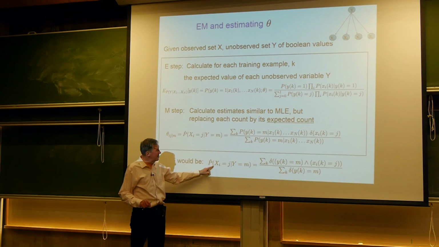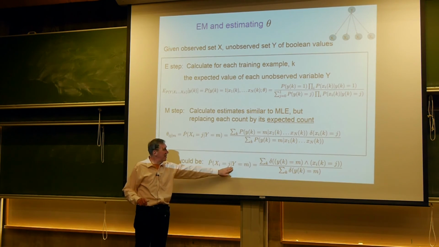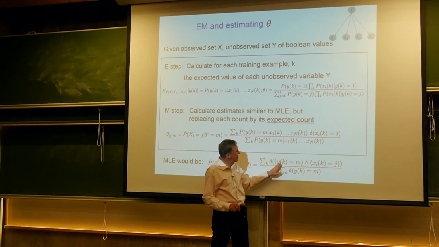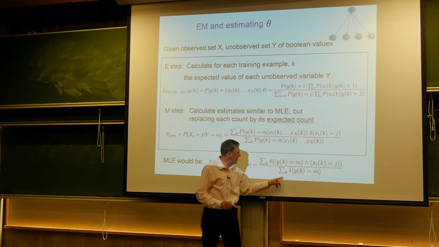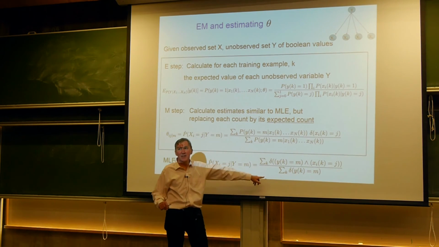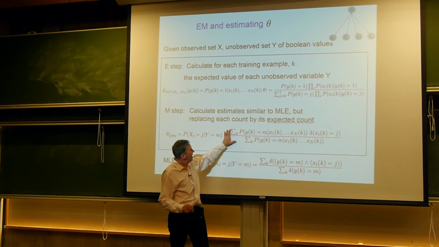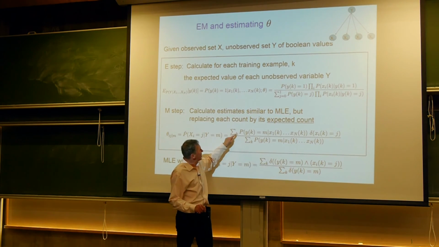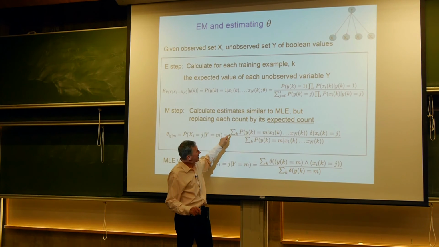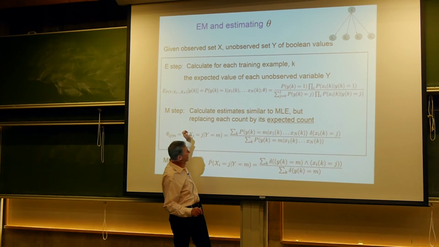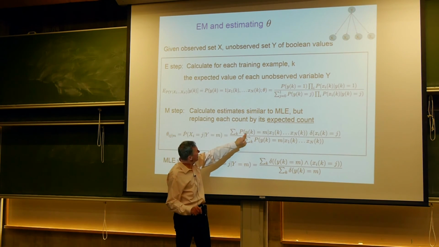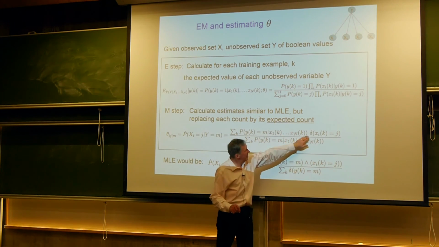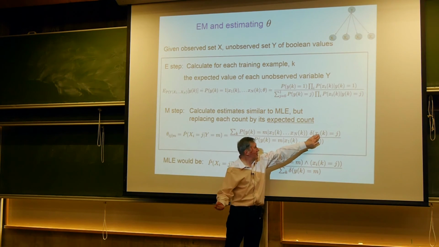Remember the old naive Bayes method, if we got maximum likelihood estimates for x sub i given y, we just count the number of times y has that value and x has its value over all the examples. Now, because we can't really observe y, we're going to take the probability that y has that value, given all the observed stuff, times the counts, the observed cases.